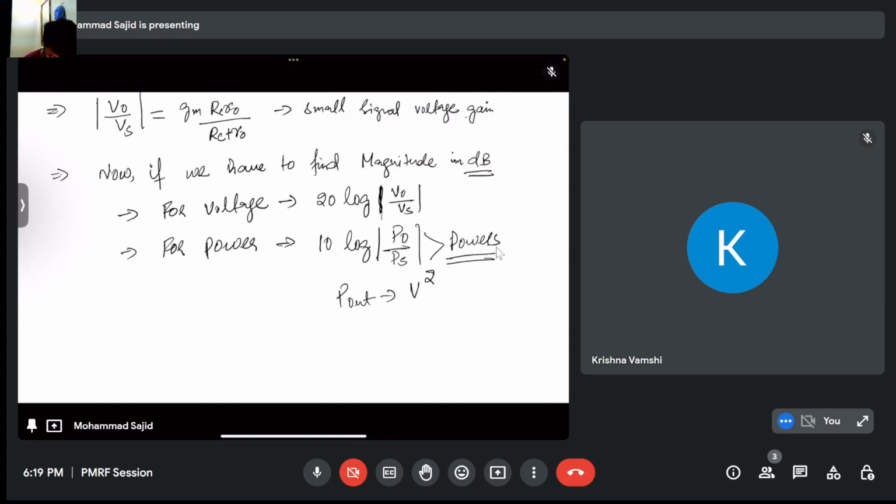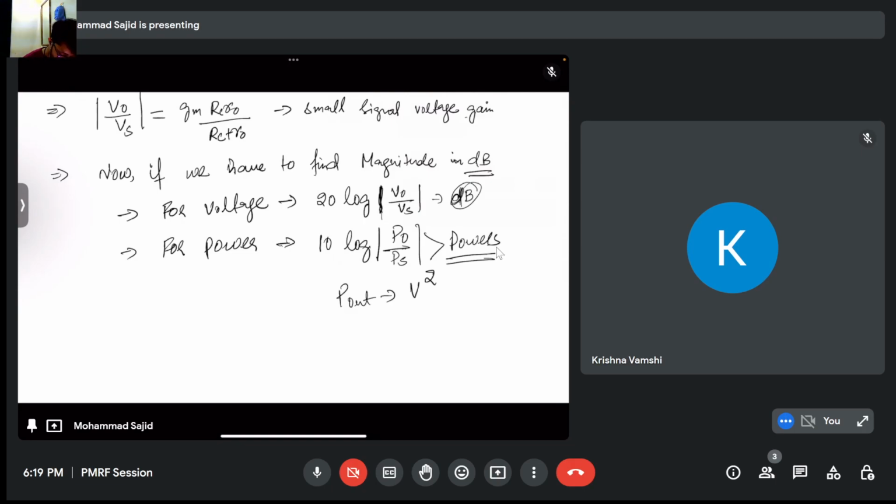So if you replace it with voltage square, the 2 will go outside the log and it will become 20 again. So this is the formula to have the gain in dBs.